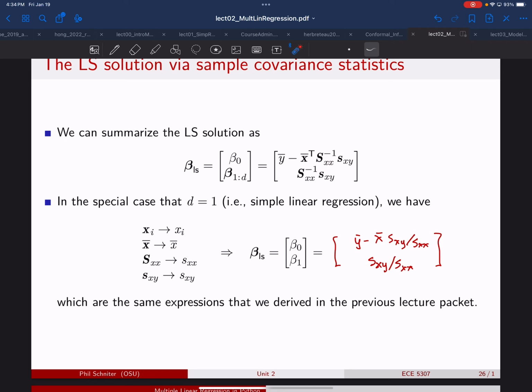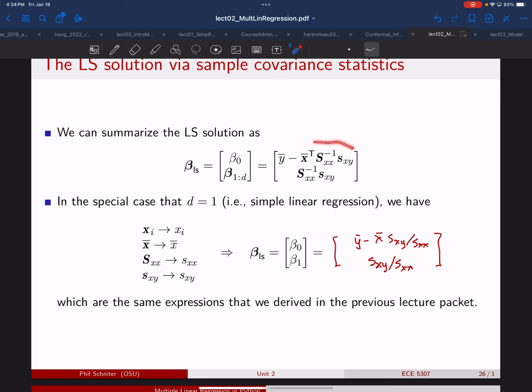Of course, when you work with scalars, you can just put something in a denominator. You can't do that with vectors. With vectors and matrices, you have to worry about the order of things. So here on the left, we have this matrix inverse. On the right, we have this vector, the cross covariance. But you can see that if this was a 1-by-1 matrix, just a scalar, then you can just move it down to the denominator.